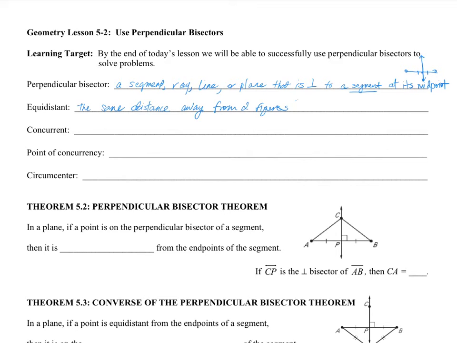And concurrent means when three or more lines, rays, or segments intersect in the same point.